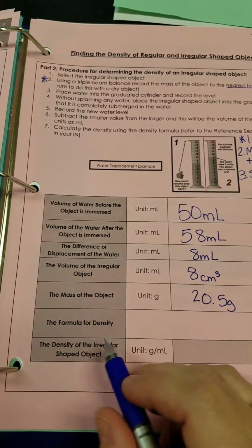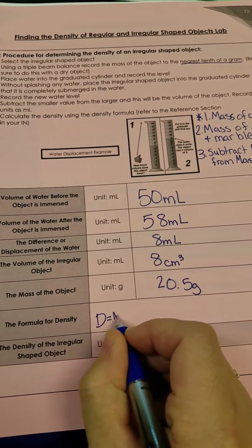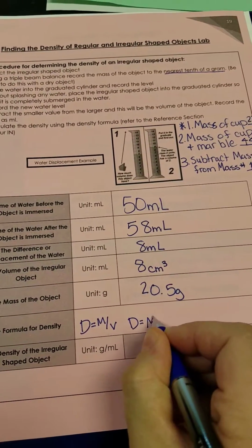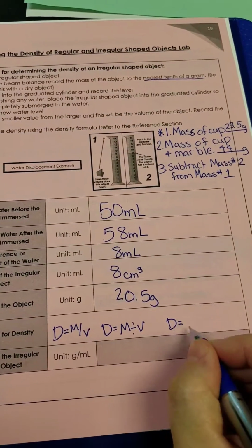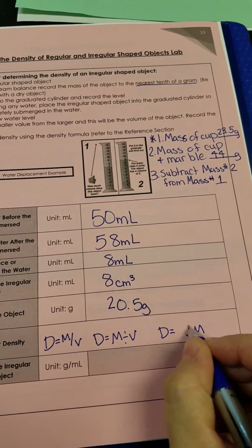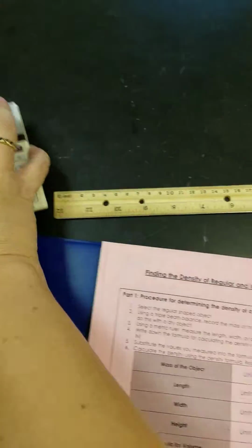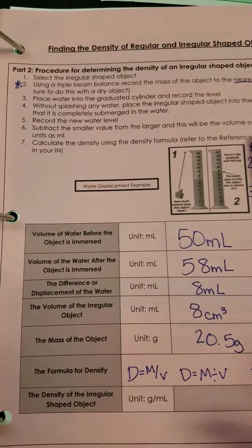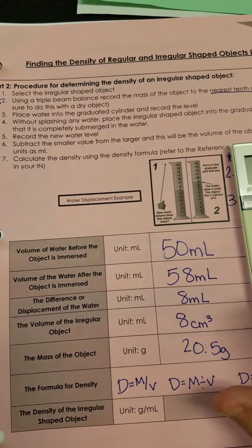Then the formula for density, again, you can write it the 3 different ways. Density is mass over volume, or density is mass divided by volume, or density equals mass divided by volume. And we're going to go to the nearest tenth. So let's take our mass, which was 20.5, and divide it by our volume, which was 8.